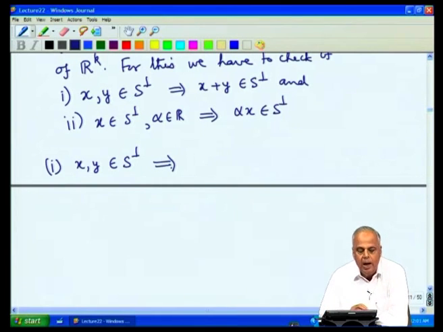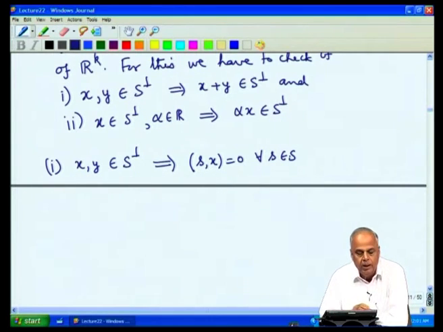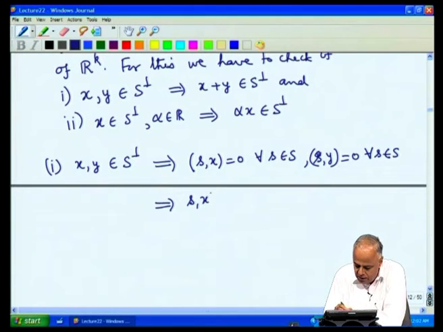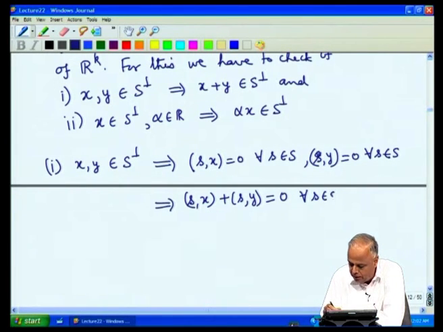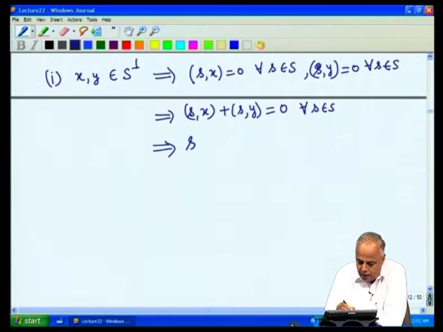What does that mean? x is in S perp, which means x is orthogonal to all the vectors in S. That means <s, x> is equal to 0 for every s in S. Similarly, y is in S perp, so <s, y> is equal to 0 for every s in S. Now, if we add, we get <s, x> plus <s, y> is 0 plus 0, so it is 0 for every s in S. Now, we know that the inner product is right distributive and left distributive.